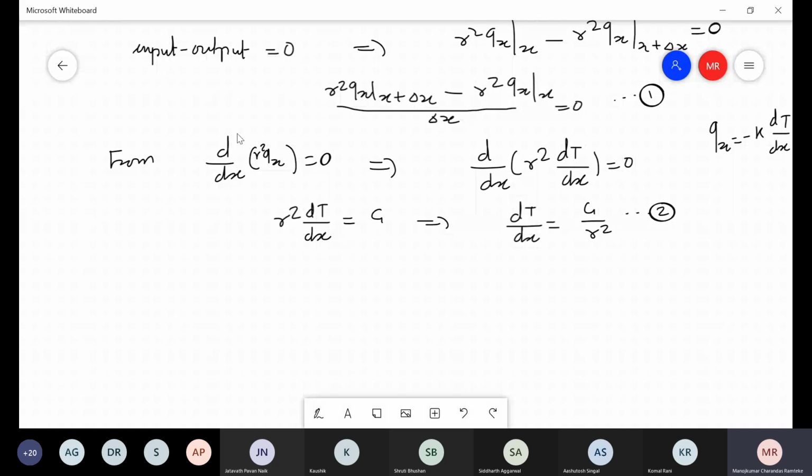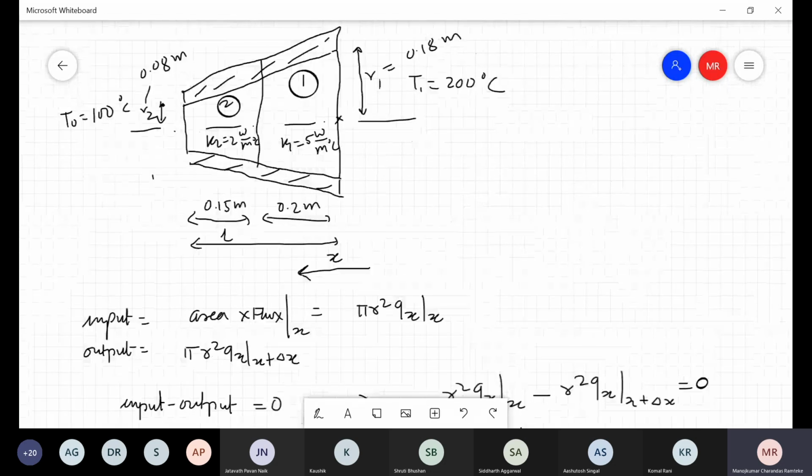So let us find out how r and x are related. Just by looking at the geometry itself, we can find out how r and x are related.